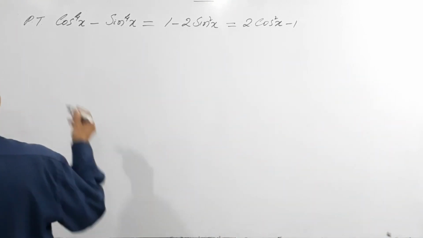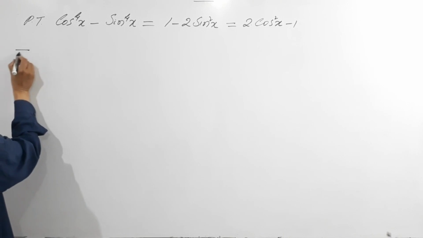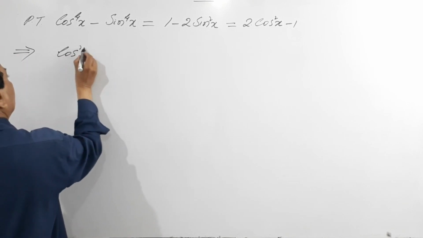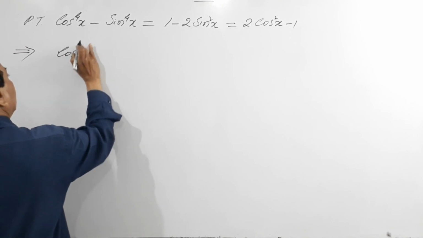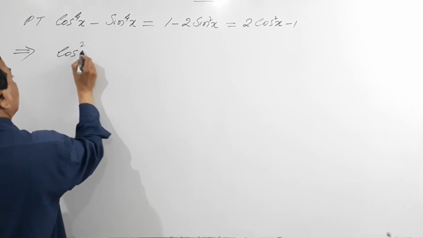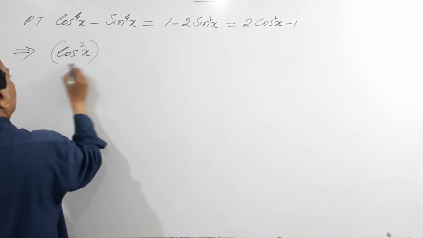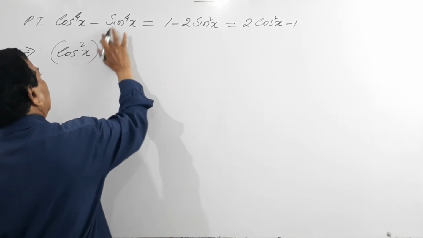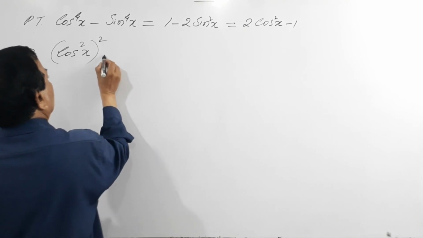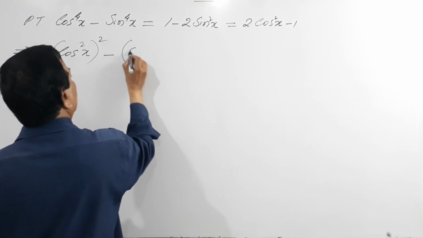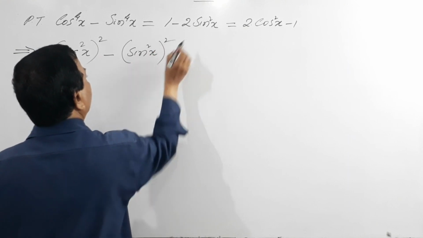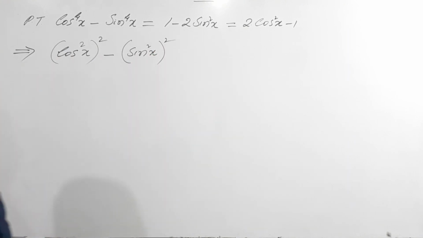So इसको हम क्या कर सकते हैं? So this can be written as cos square x to the power of 2 minus sin square x to the power of 2. ऐसे लिख सकते हैं.